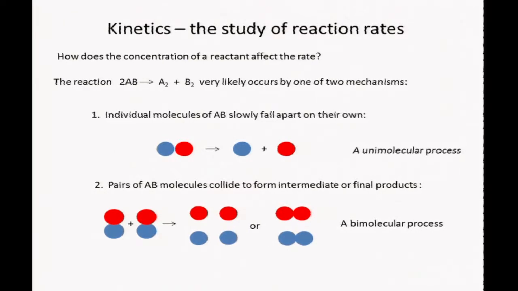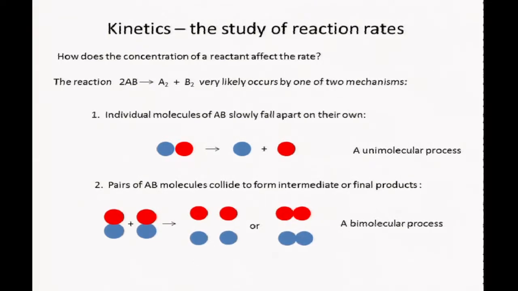Okay? And so I'm just going to take a very, very simple example of a chemical reaction. In this case, sorry about all the chemistry here, but it is a chemistry talk about the use of math, right? So I have two molecules AB, and I'm going to let them react and make molecule A2 and molecule B2. Okay? So it's a nice, simple chemical reaction to use as an example here. If we do that in solution, very likely it's going to occur by one of two processes or mechanisms.